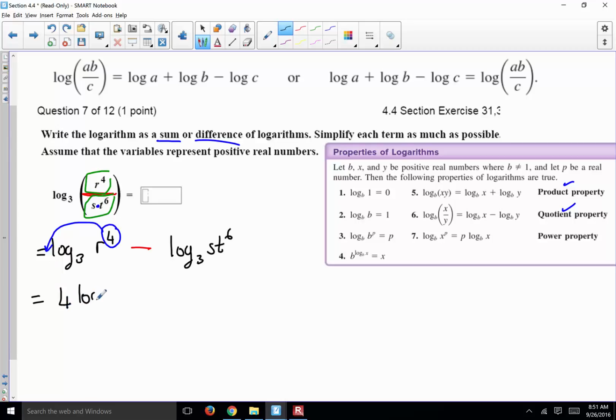4 log 3r. Okay, I promised you there is a product here we need to separate, and I'm separating it next. Logarithm base 3 of s and logarithm base 3 of t raised to the 6, and a product separates with a sum. I make a sum.